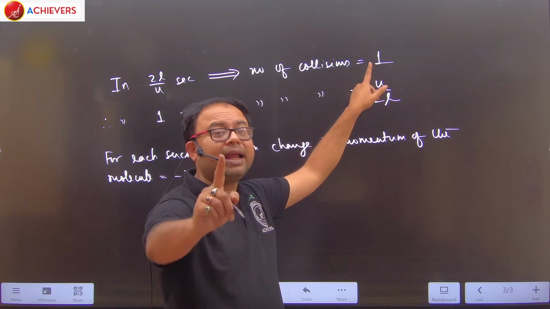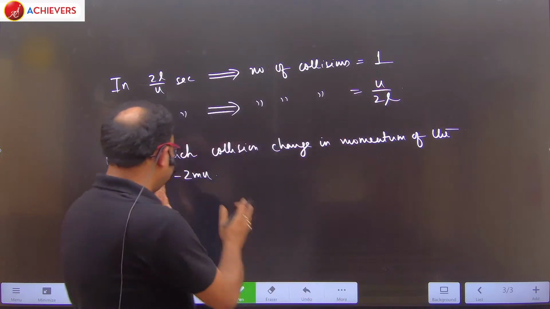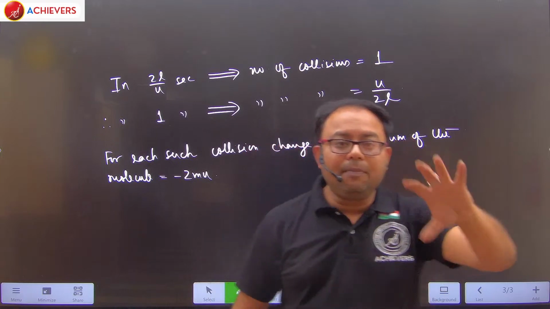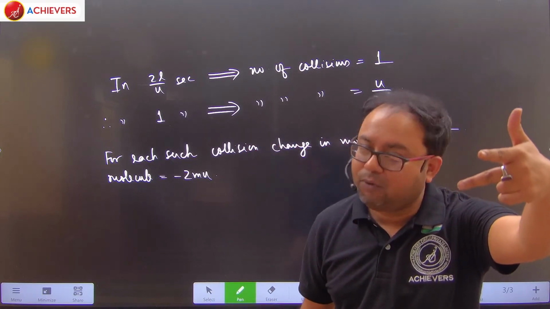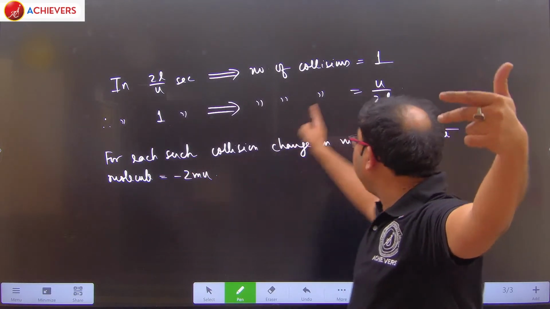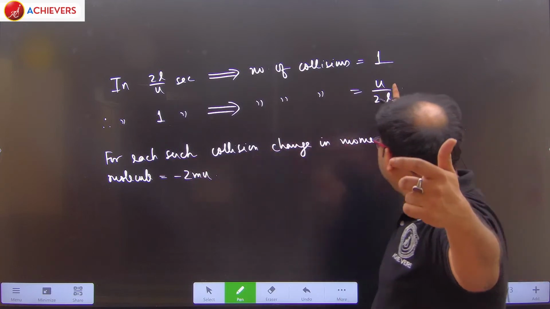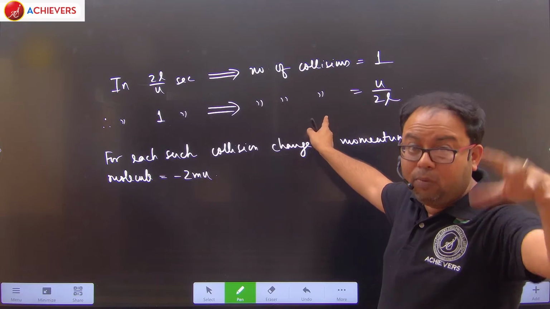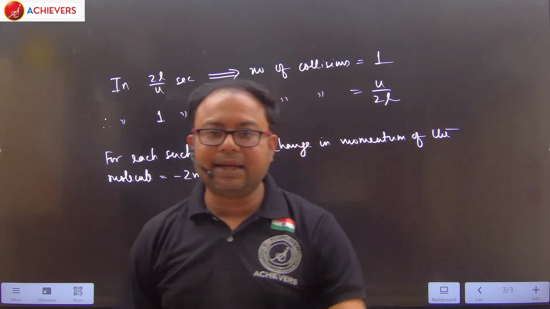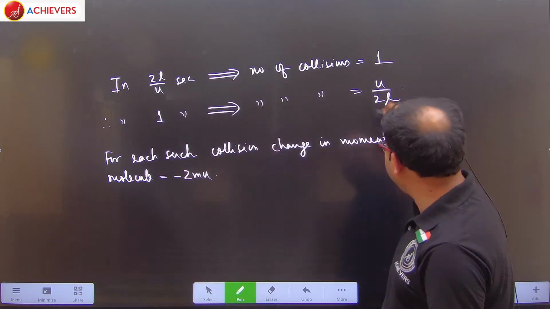So in 1 second, the change in momentum must be minus 2 mu multiplied by u by 2L. For one collision, the change in momentum is minus 2 mu, so for u by 2L collisions, the change in momentum is naturally minus 2 mu multiplied by u by 2L. So in 1 second, the total change in momentum is going to be minus 2 mu multiplied by u by 2L.